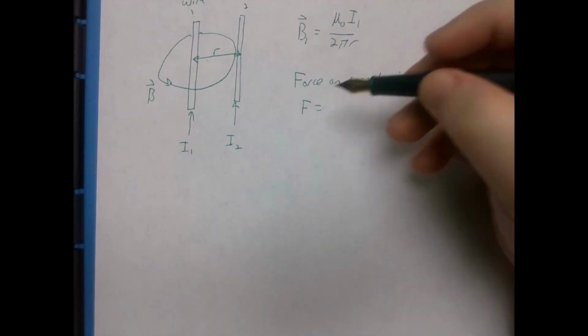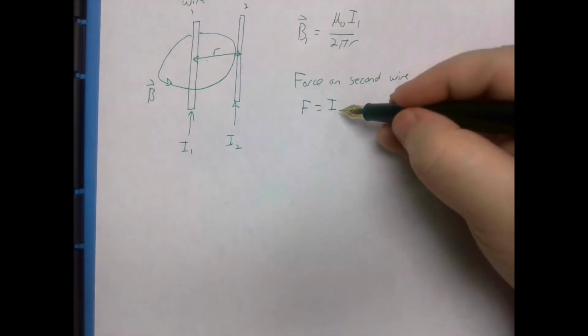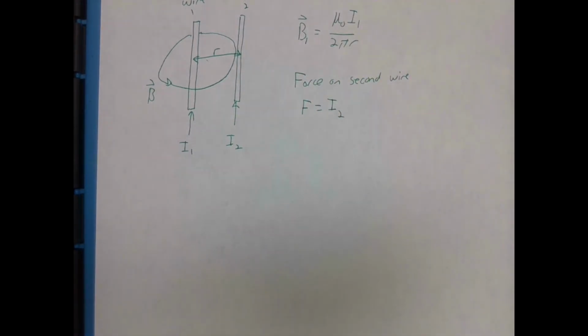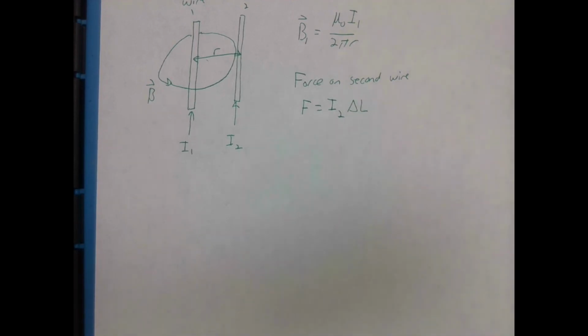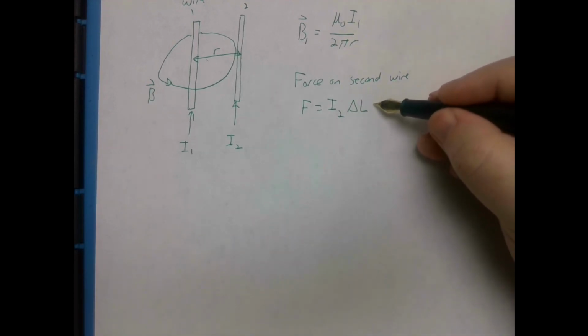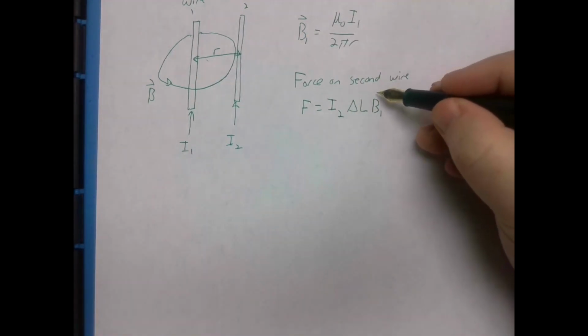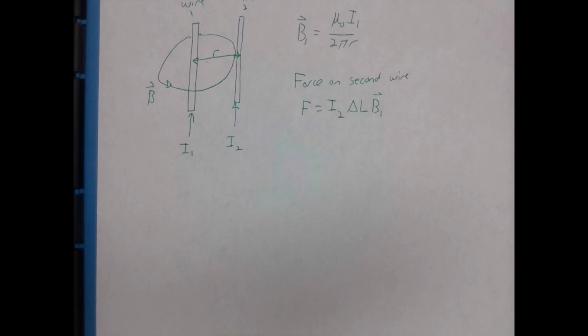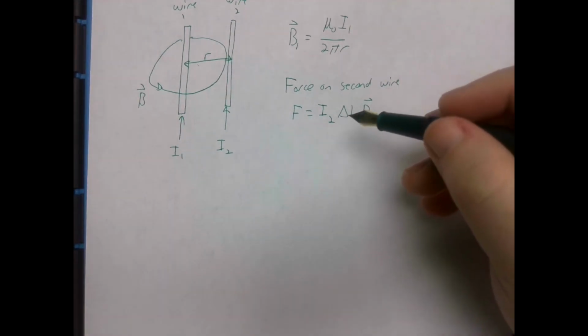So the force is going to be equal to the current going through this wire times some length times this field strength over here. We know that B is equal to this.